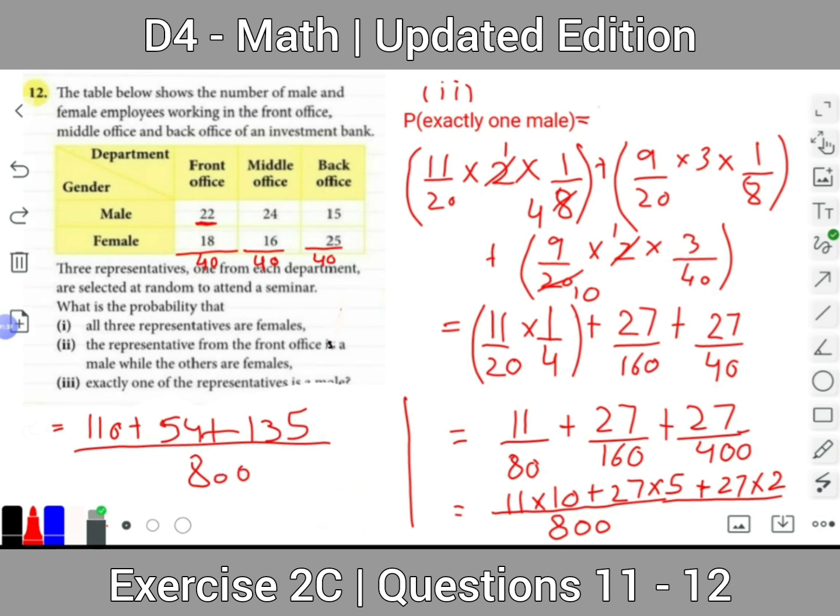Now after adding up, we will get 110, 135 and 54, adding up, we will get 299 over 800. So the probability that exactly one male will be equal to 299 over 800.